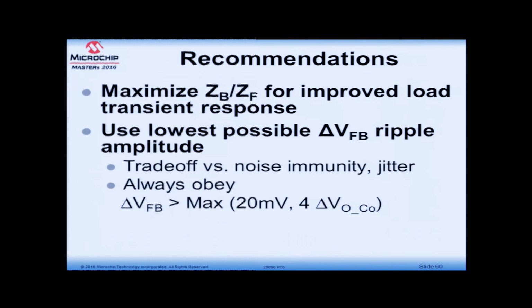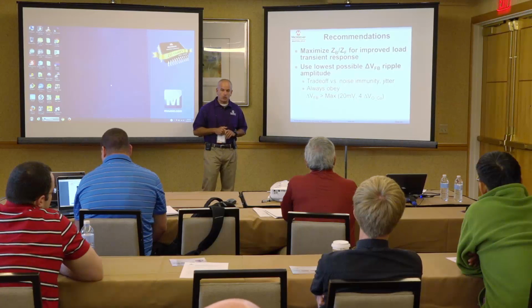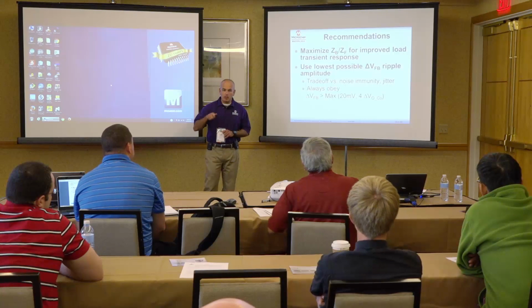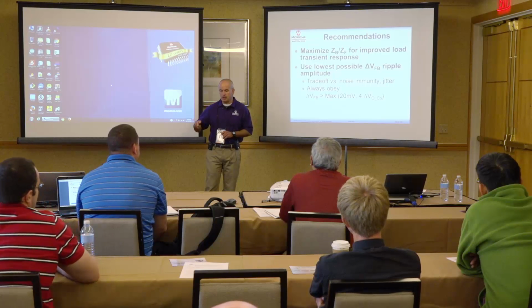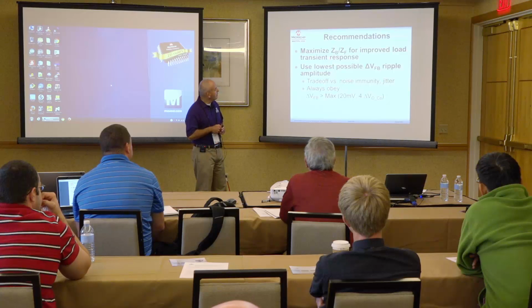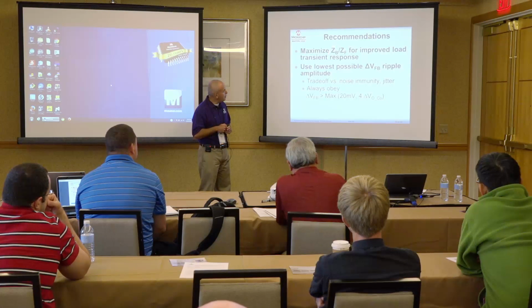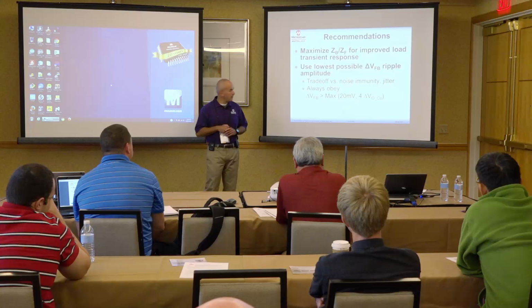And so, key takeaways from this optimization discussion. When you have to use ripple injection because you have some ceramic output capacitor at the output, always try to maximize the ratio of the ripple injection impedance to the feedback impedance for improving the load transient.